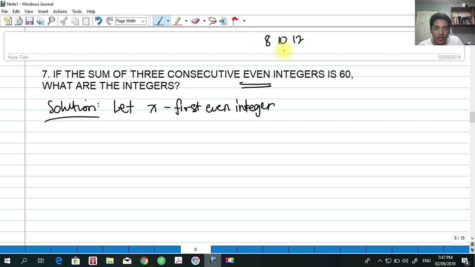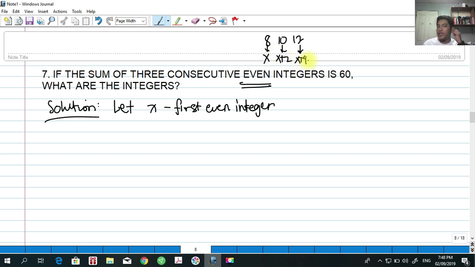So this is the first, the second, and the third. If we represent this as x, in order for us to express 10 in terms of x, that must be x plus 2, correct? Because 8 plus 2 is 10. And if we represent this 12 in terms of x also, we're going to have x plus 4.